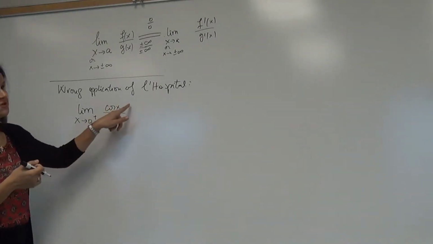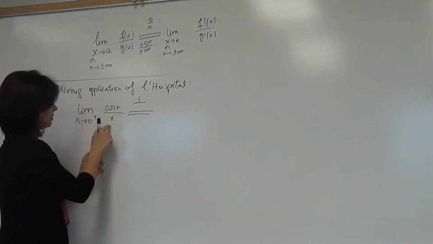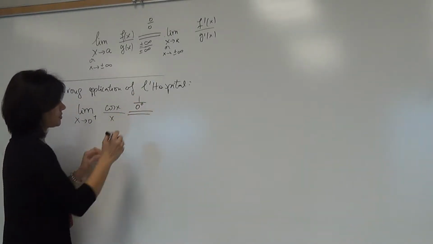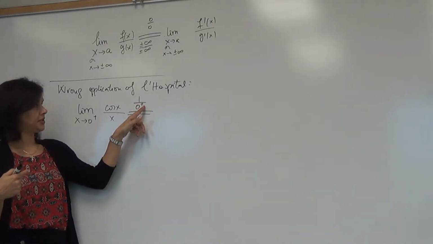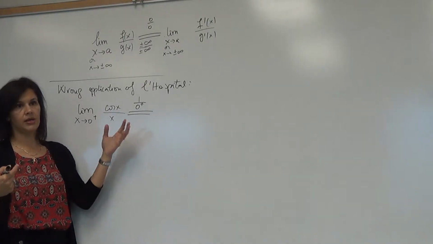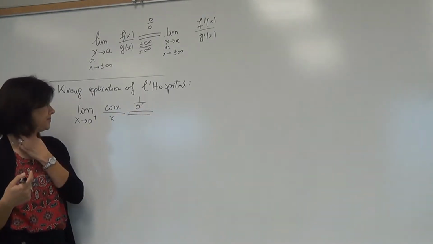Cos of 0 is 1 over, x goes to 0 with plus. You need to know the sign of 0 from the denominator when you have something like this, because 1 divided by a tiny number can be either positive infinity or negative infinity.